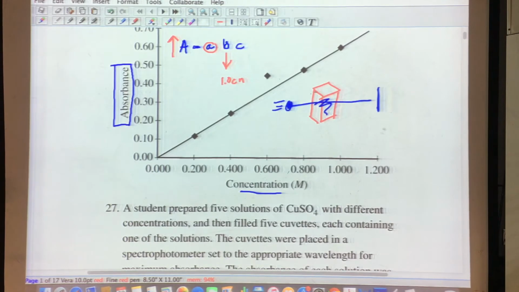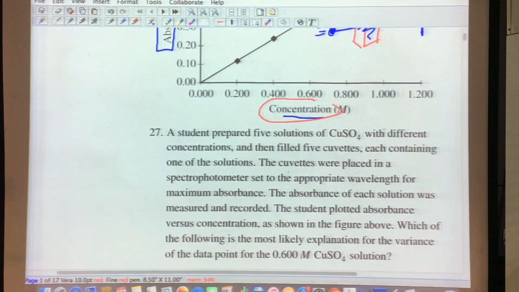That's the length through the cuvette, and this C is concentration. So clearly, as concentration goes up, there's going to be more missing light because there's more chemicals to absorb it. So in any case, a little quick review of spectrophotometry.